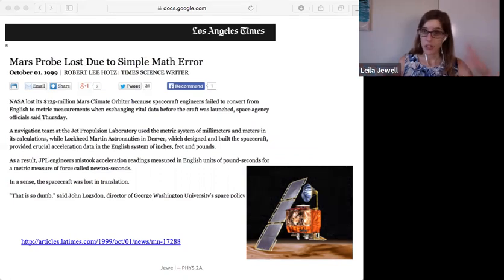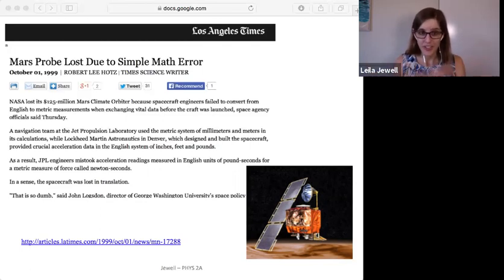Lockheed Martin, which is a huge engineering firm, used the American or English units, right? And one of the teams provided the acceleration data, and they didn't write the units there. And so the other team said, oh, acceleration, this is obviously the metric units or the English units, but it wasn't. So because the units weren't explicitly written out, they got the wrong number.